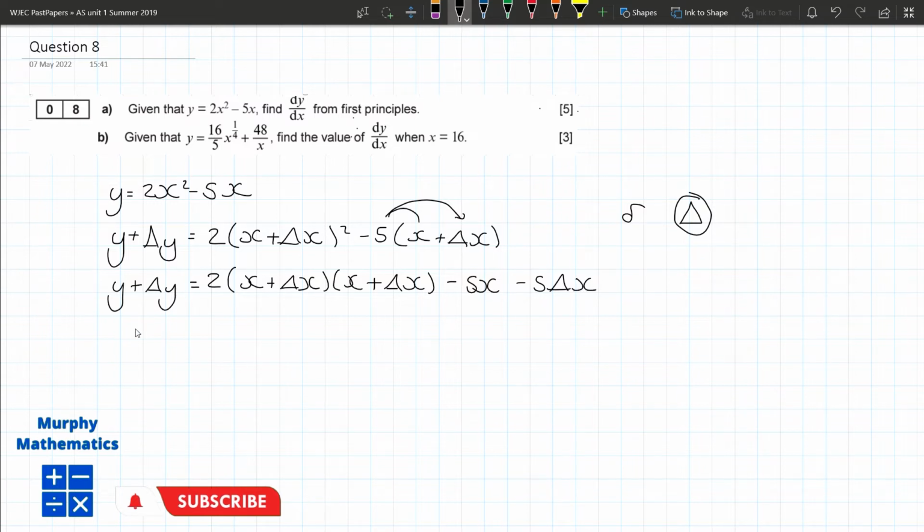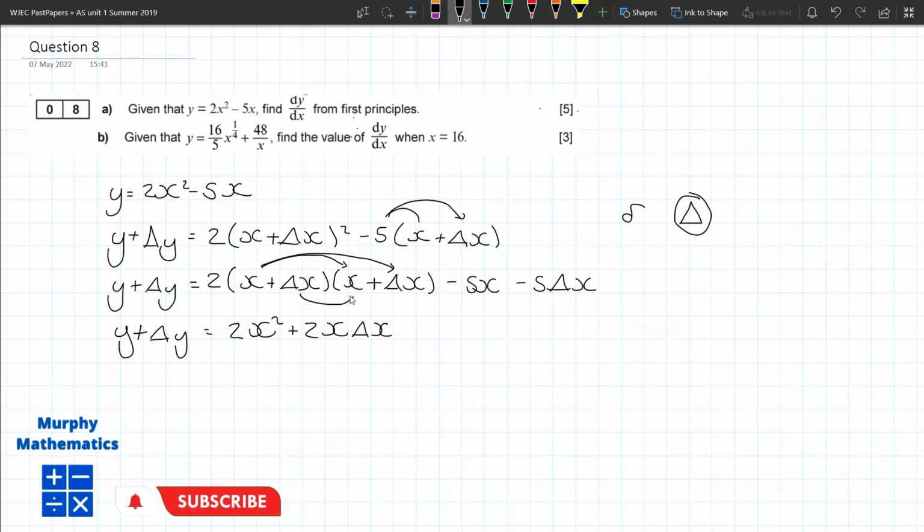Okay, so I'll expand out this double bracket. y plus delta y equals x squared, times by 2, so I've got 2x squared, and then plus 2x delta x. Be careful not to collect your x's with delta x's, so try and keep the delta between them.